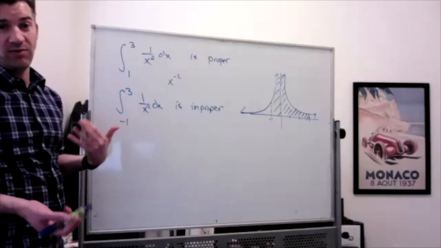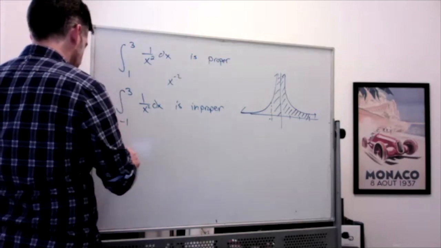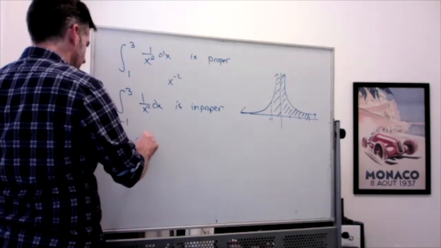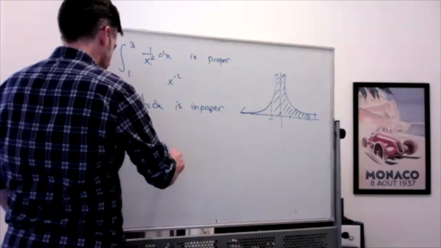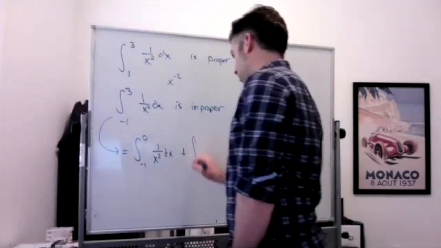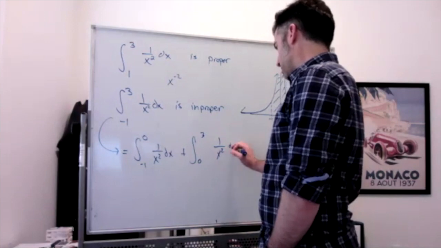But if it's not an endpoint, you have to break it up. So we're going to break this up as the integral from -1 to 0, at the point where it's undefined, plus the integral from 0 to 3 of 1 over x squared dx.